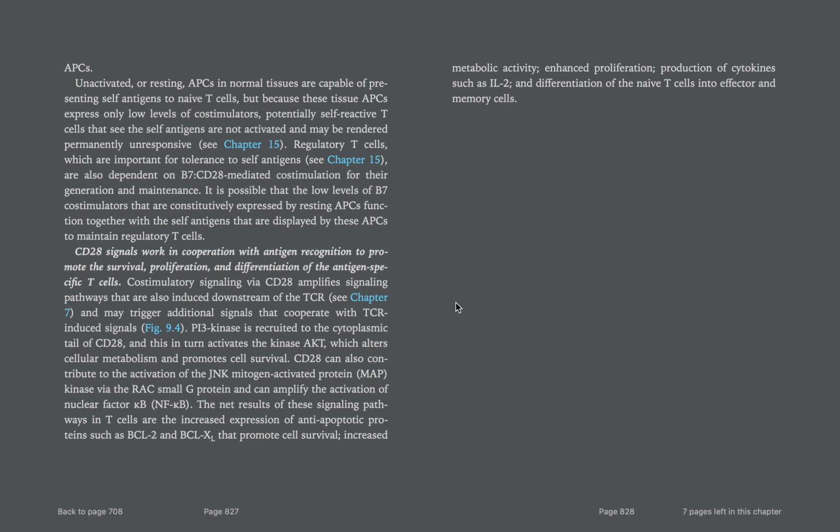CD28 signals work in cooperation with antigen recognition to promote the survival, proliferation, and differentiation of the antigen-specific T cell. Co-stimulatory signaling via CD28 amplifies signaling pathways that are also induced downstream of the T cell receptor and may trigger additional signals that cooperate with T cell receptor induced signals.